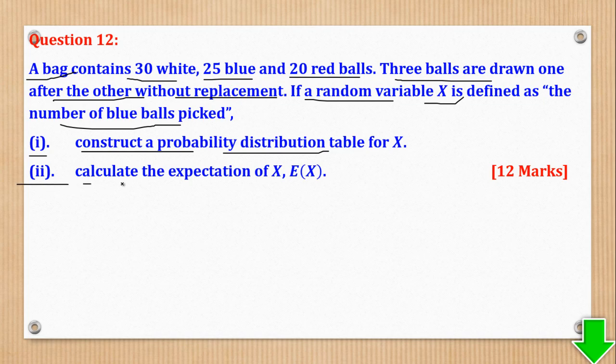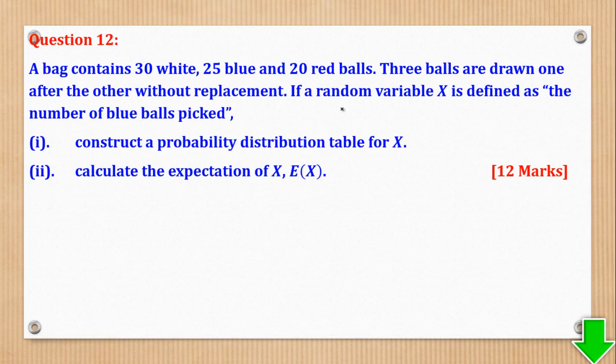Roman 2, calculate the expectation of x. So here, there are 3 balls and there are 3 pickings. Drawing a tree diagram will be more hectic. So I'm going to use the second method, because picking without replacement can be answered in 2 ways. One, you can use a tree diagram, or you can use the knowledge of permutation and combination.